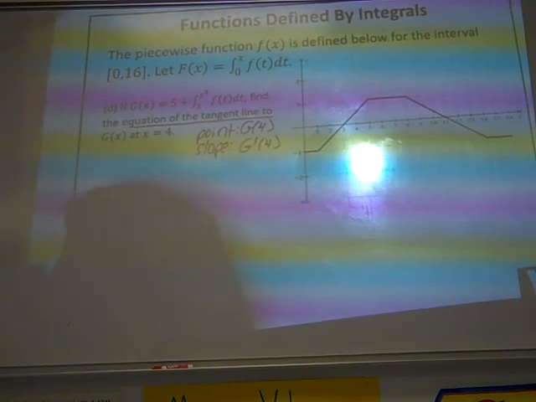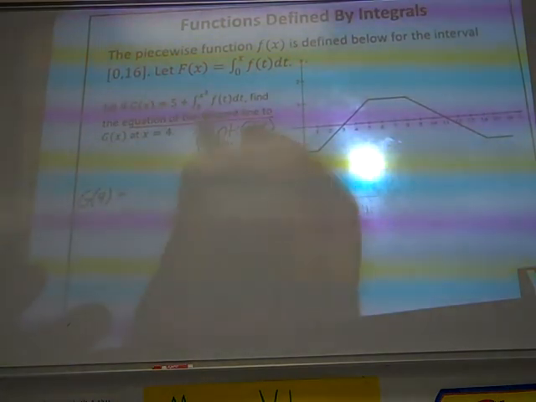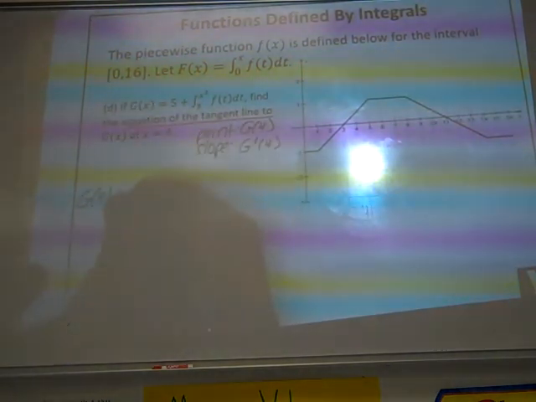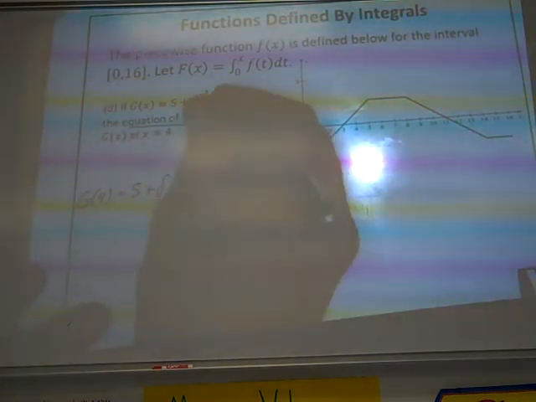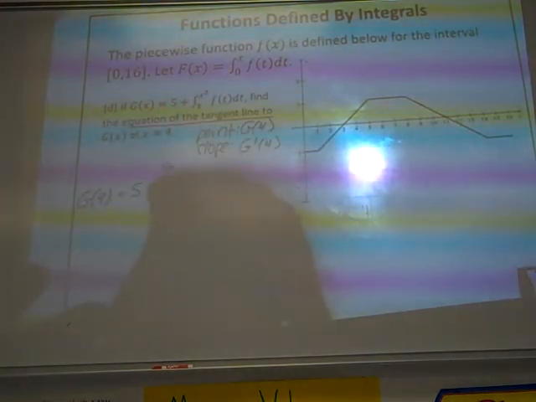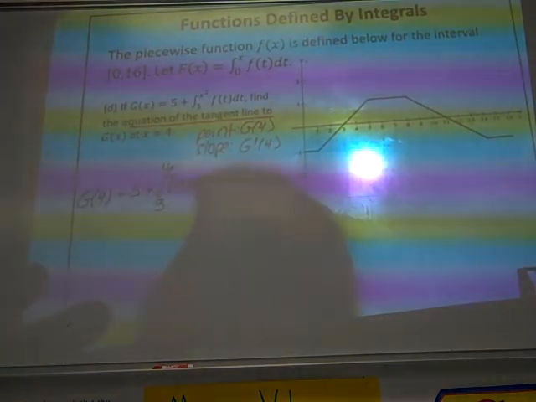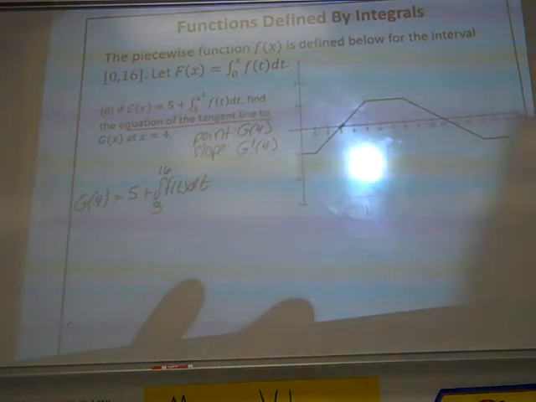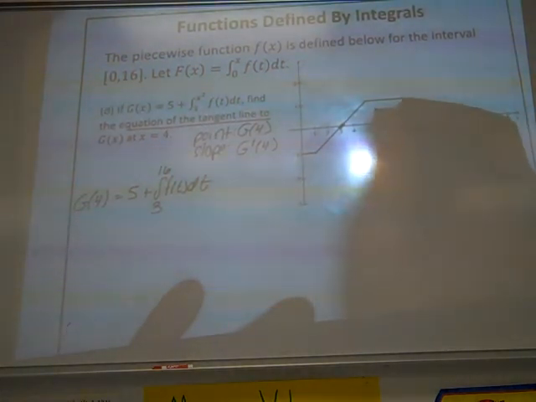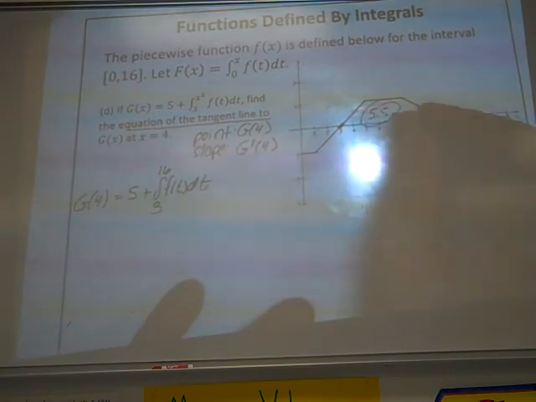So here we go. Big G of 4, remember, new function. Big G is going to be 5 plus the definite integral from 3 to 4 squared, that's 16, of f of t dt. So I need to find the total area starting at 3, going all the way to 16. I'm going to save myself some work here. We already know that that's 5.5.